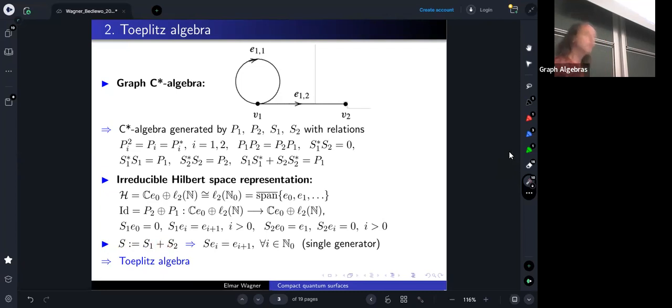Exactly, this is what you wrote. Yeah. But this is part of a general theorem. When you define graph algebras, you have Cuntz-Krieger relations of the first type and of the second type. And if you divide just by the first type, so S_e^* S_f is Kronecker's delta, e f, projection at e.